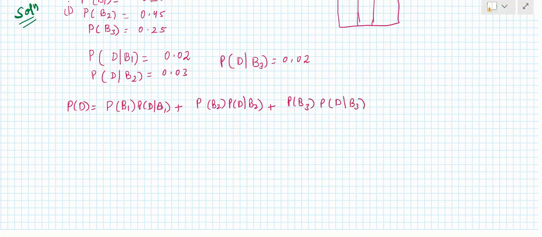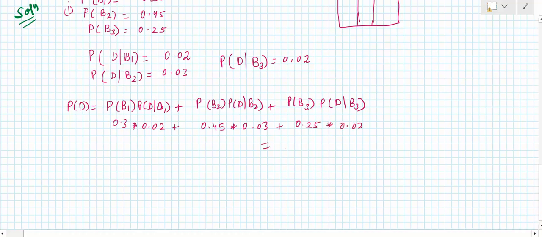So you plug in these numbers: 0.3 here, then 0.02, then 0.45, then 0.03, then 0.25, and then 0.02. So you will get this equal to 0.0245. This is the answer to the first question.